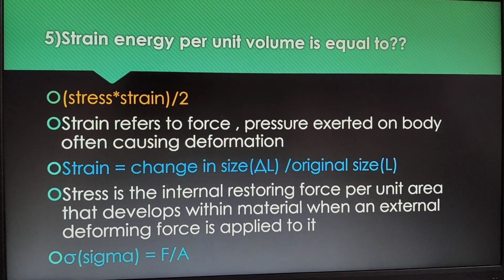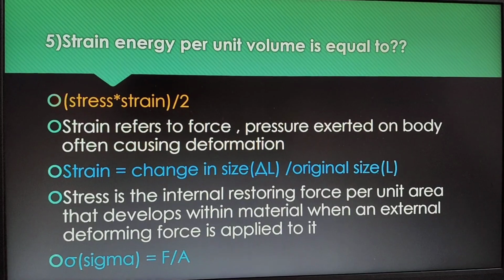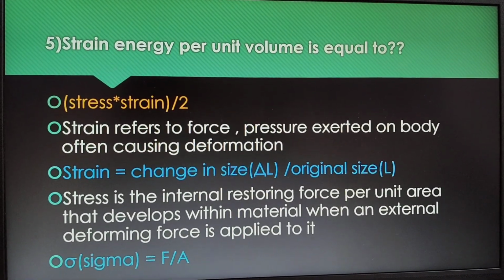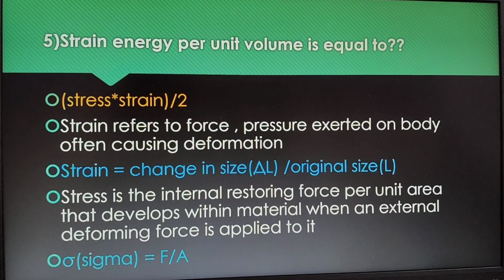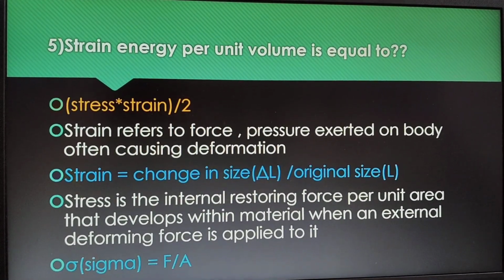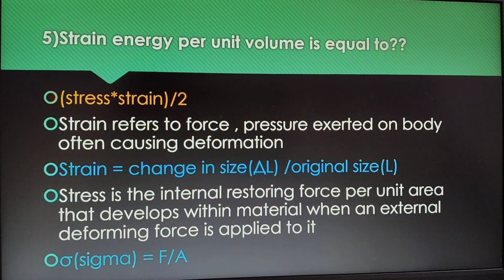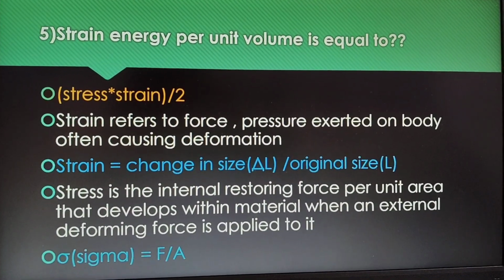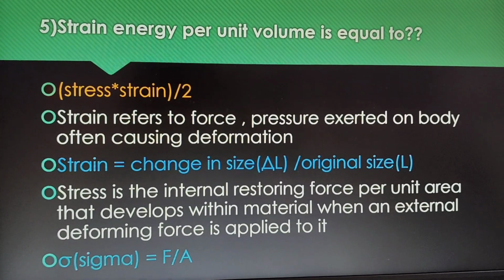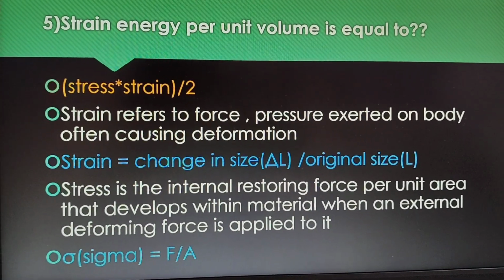For example, a rubber ball: when you compress it, it will restore again, or an elastic rubber band: when you stretch it, it will restore to its original form. So strain energy per unit volume is equal to stress into strain by 2, or half into stress into strain, is the answer for the asked formula.